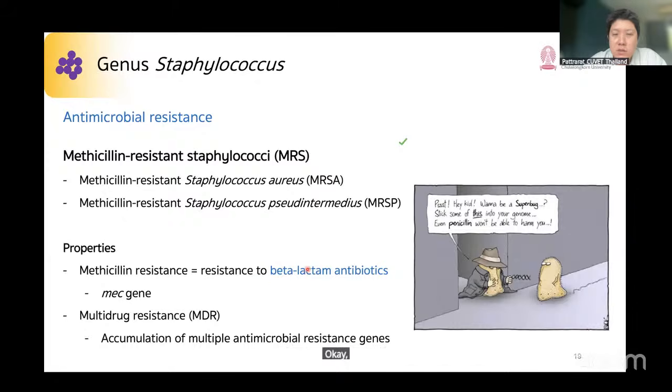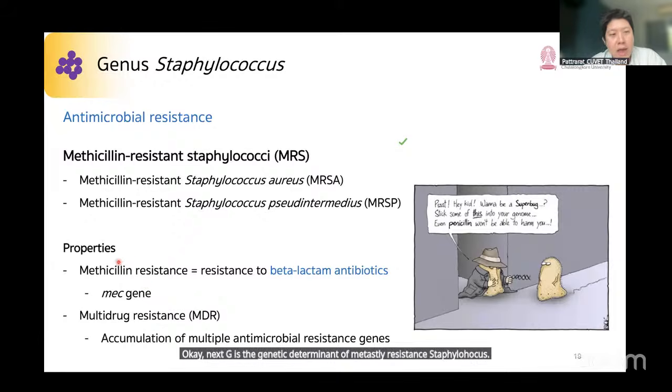Okay, beta-lactam is a big group of antibiotics or antimicrobials that are widely used in human and veterinary medicine. Staphylococcus develops methicillin resistance by acquiring the mec gene. Okay, the mec gene is the genetic determinant of methicillin-resistant Staphylococcus that resists beta-lactams.